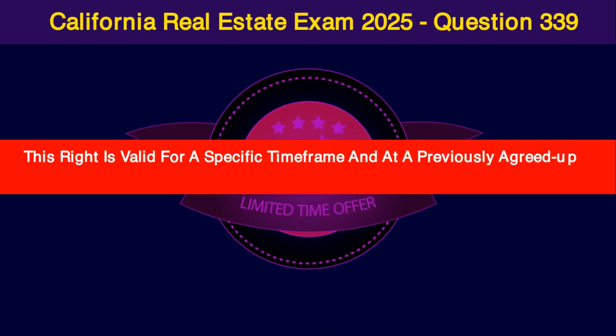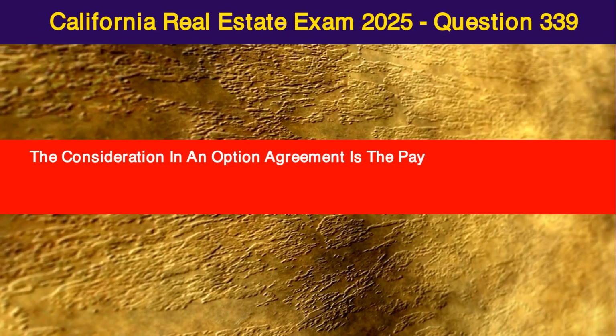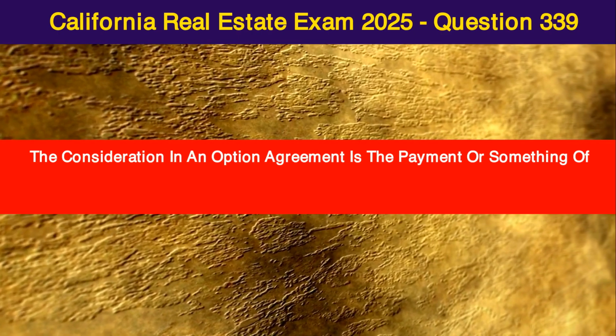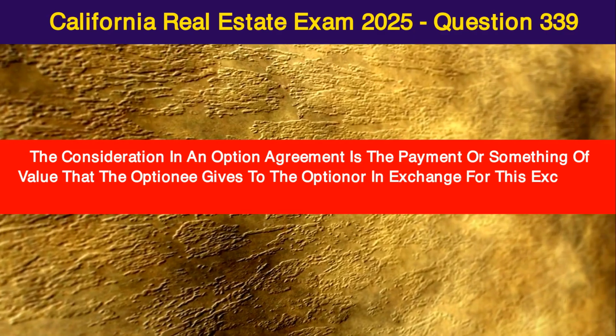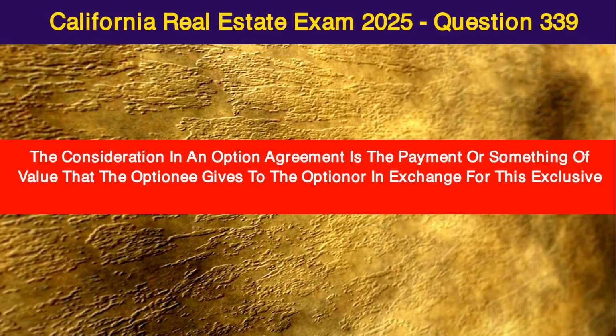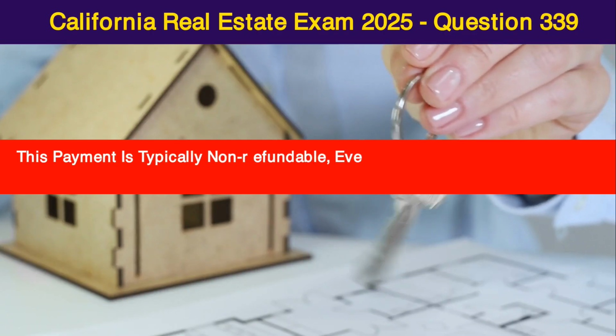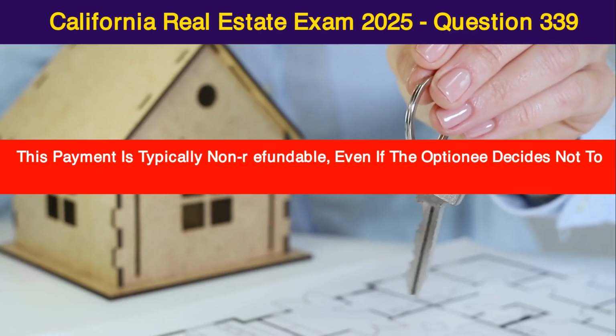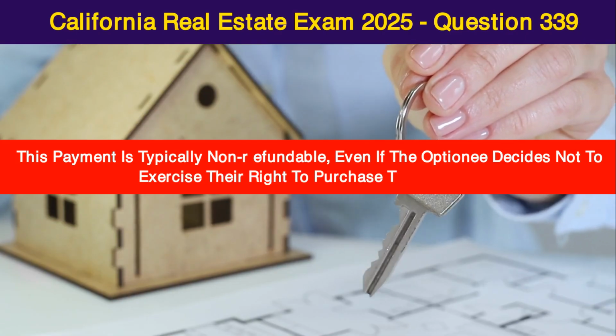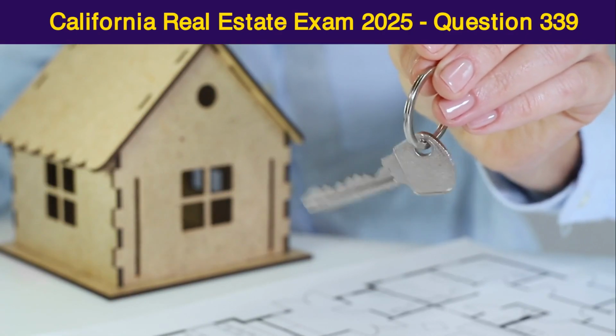This right is valid for a specific timeframe and at a previously agreed upon price. The consideration in an option agreement is the payment or something of value that the optionee gives to the optioner in exchange for this exclusive right to buy. This payment is typically non-refundable, even if the optionee decides not to exercise their right to purchase the property.